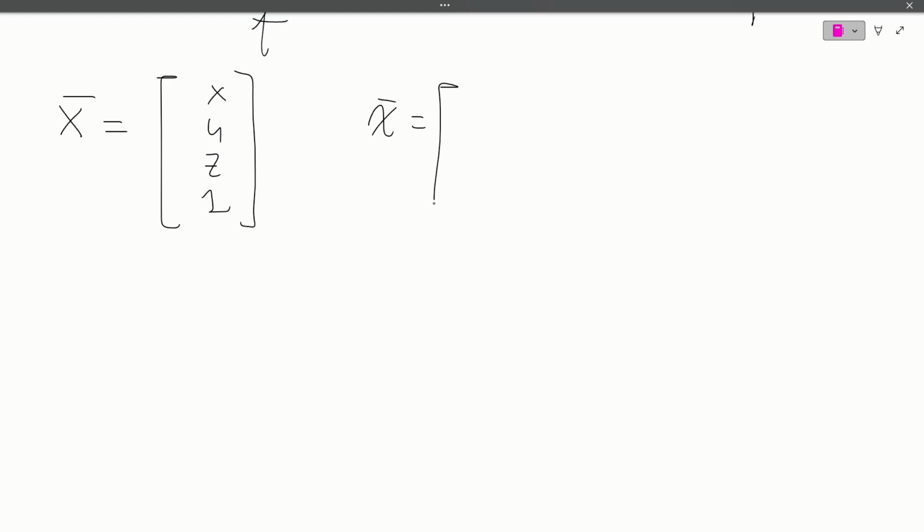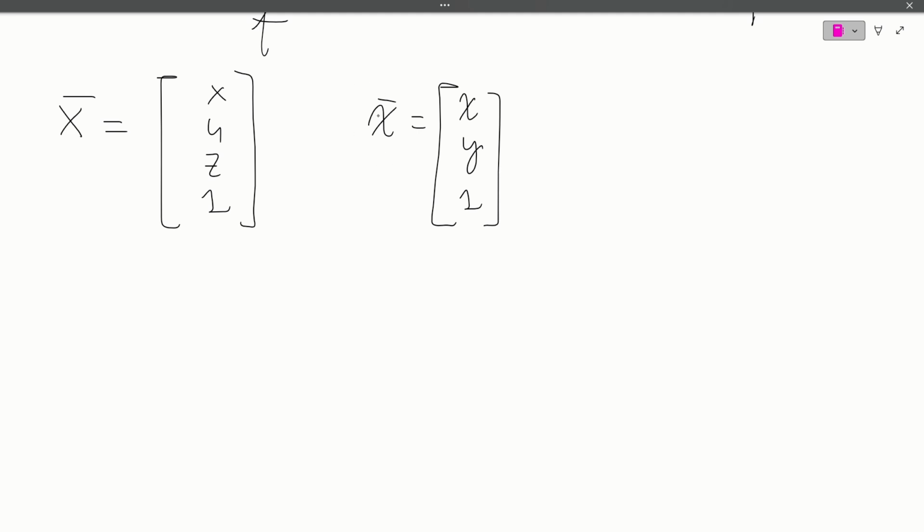We are just adding a 1. So big X vector becomes x, y, z, 1, and small x vector becomes small x, small y, 1.